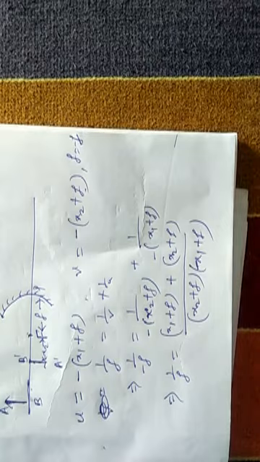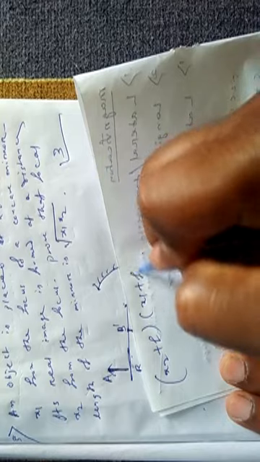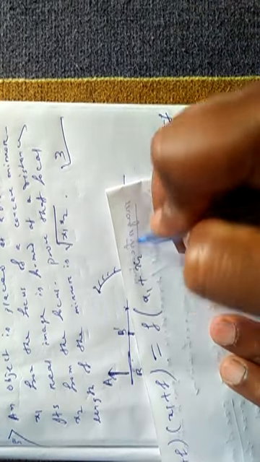So you can write x2 plus f into x1 plus f is equal to f into x1 plus x2 plus 2f, just cross multiplication.